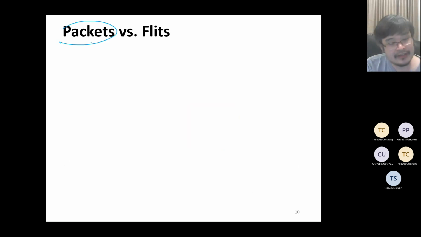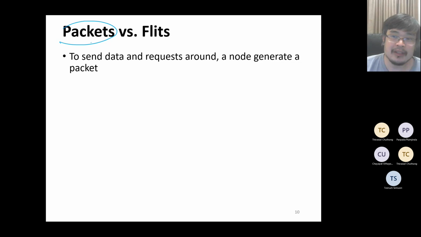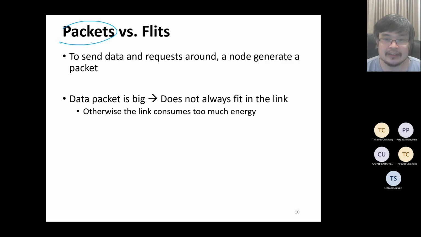So the idea is, instead of sending one single packet, you would break the packet down into multiple flits. When the node generates the packet and says, hey, I want to access the cache, the data packet is big, so it doesn't always fit in the link that connects them together, because otherwise the link consumes way too much energy and you don't want your CPU to consume too much energy.